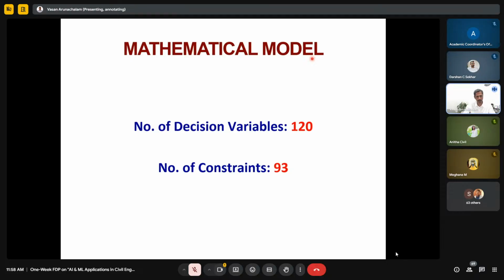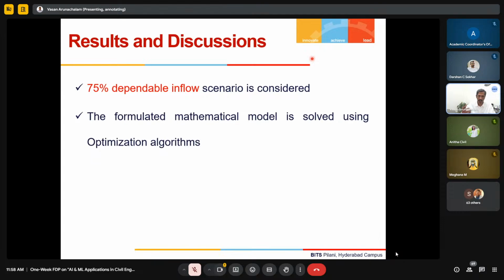So once I did this, I assumed something. Usually for Indian scenarios, we don't take the total water, because whenever I do the planning for subsequent years, next year or the next 2 years from now, I will assume that the inflow I got in the historic period, say the last 30, 40 years, I'll use some statistical methods. And then if I have so much water, this is how I'm going to do the planning, right?